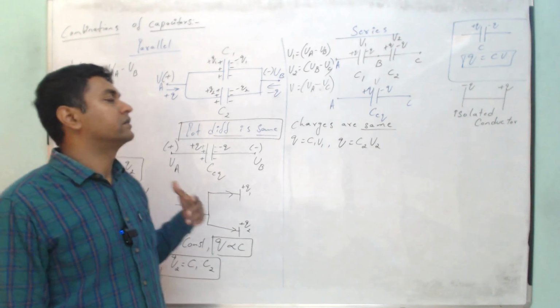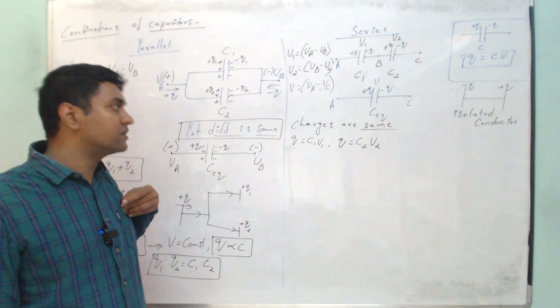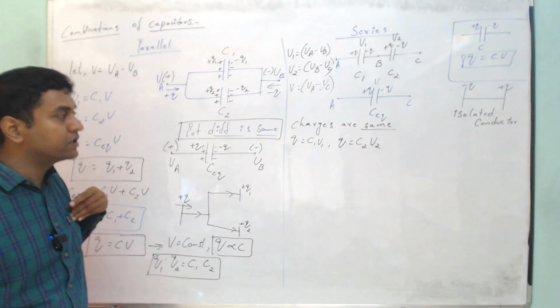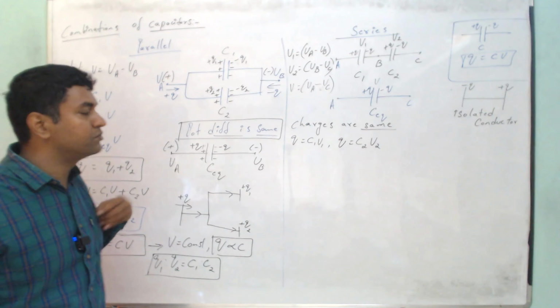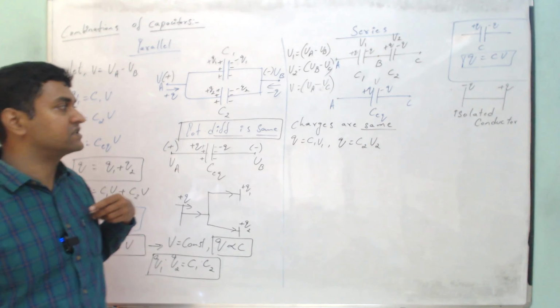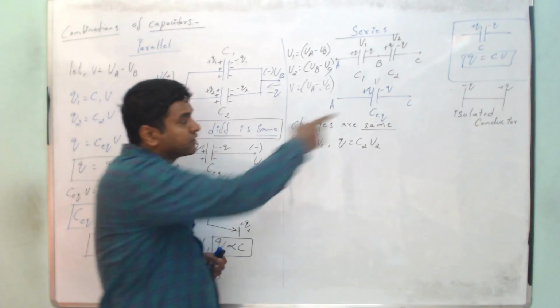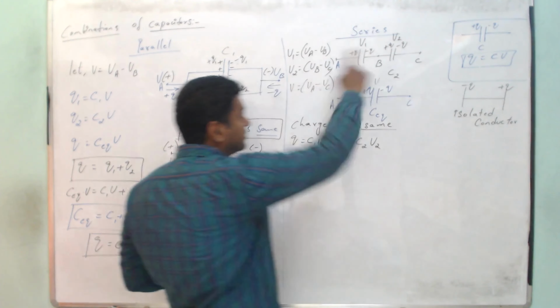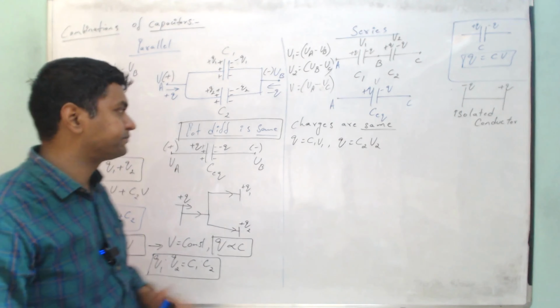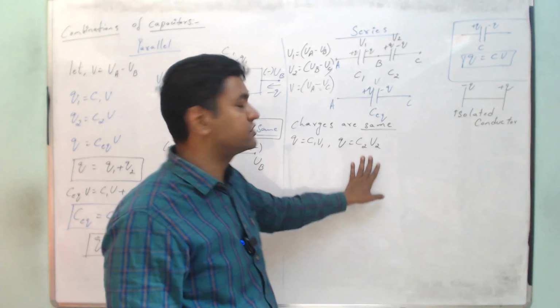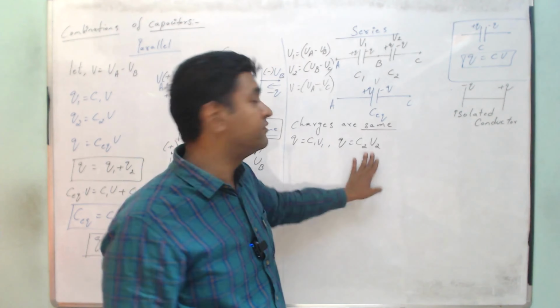Yes, sir. Right. Now coming back to our combination. In this combination, we are saying that the charges are the same, right? Yes, sir. Now applying that particular equation to each capacitor, C1 V1, C2 V2. Why do I need V1 and V2?